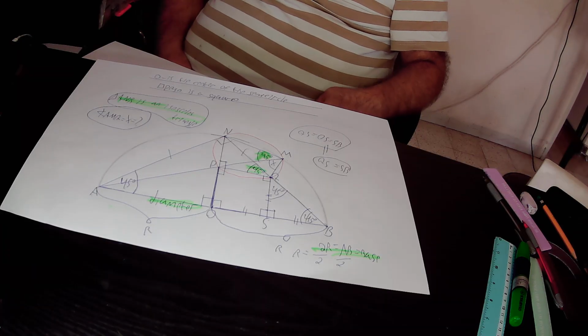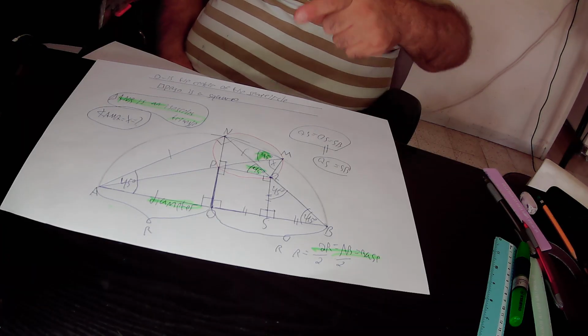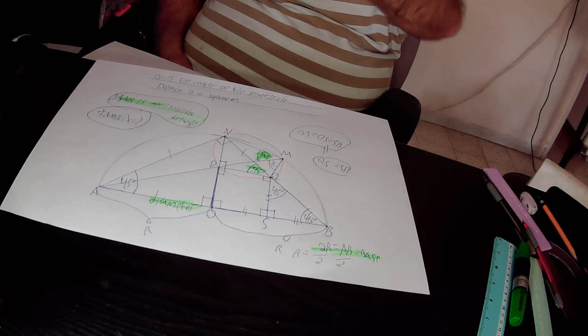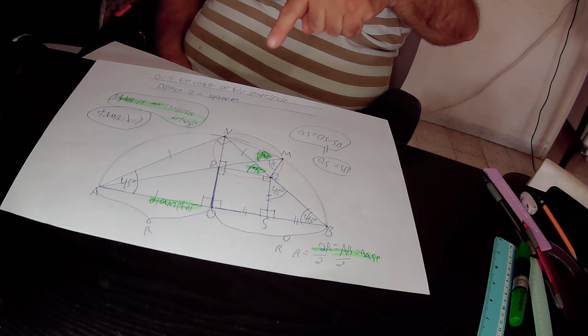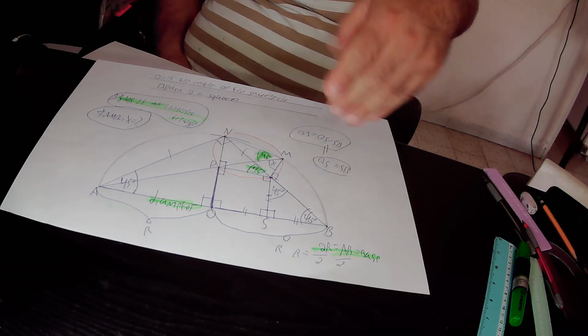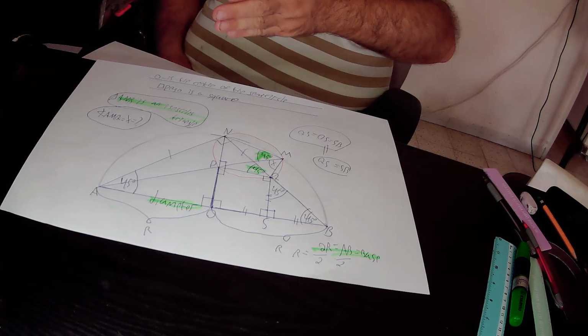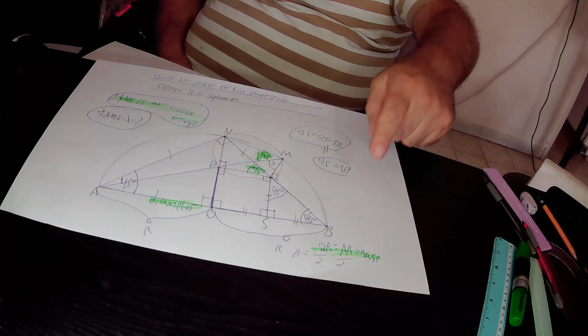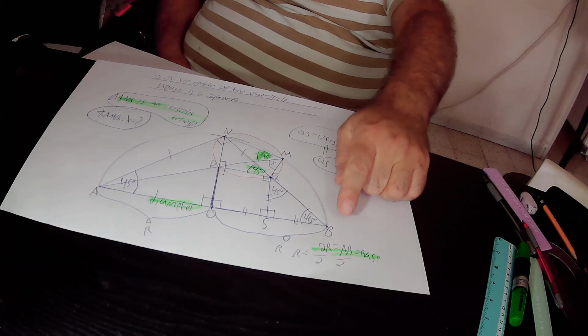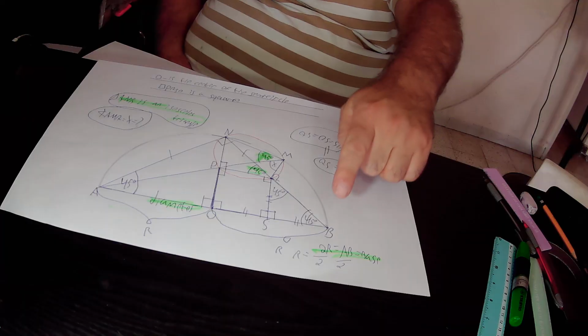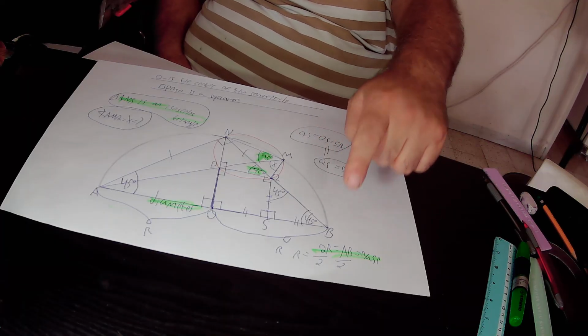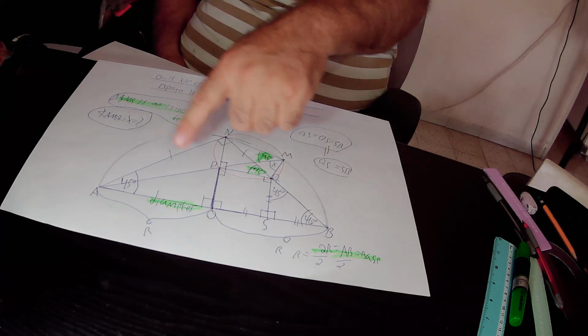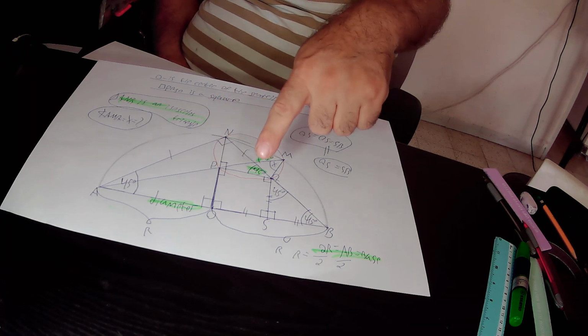According to rule 24, the perpendicular to the base of an isosceles triangle bisects the base. So the perpendicular from point N to the base AB bisects the base AB. That is to say, it divides the base AB into two halves. Each half must be equal to AB over 2, which is 2R over 2, which is R. So the first half is R, the second half is also R.